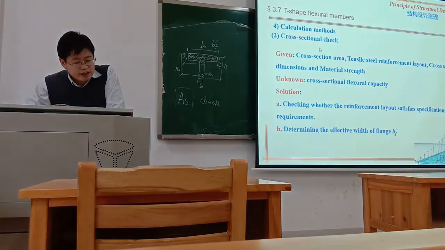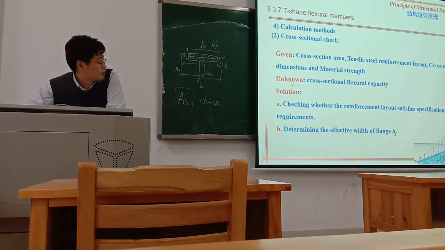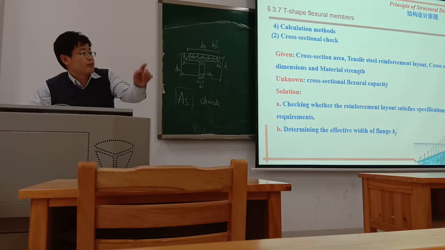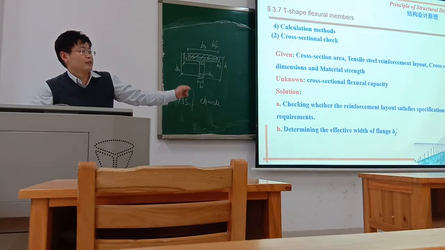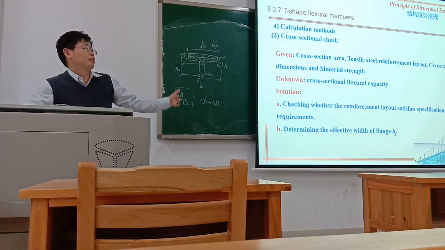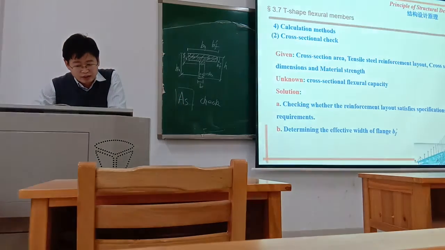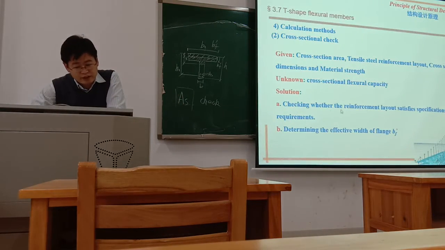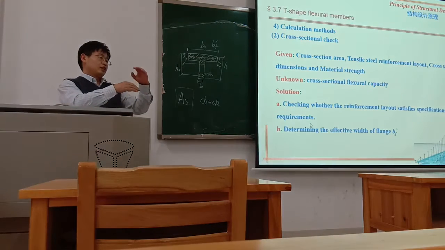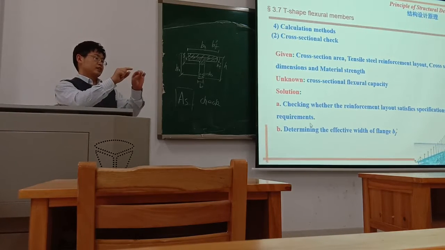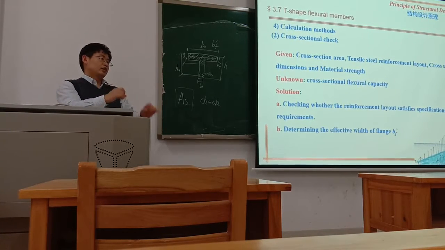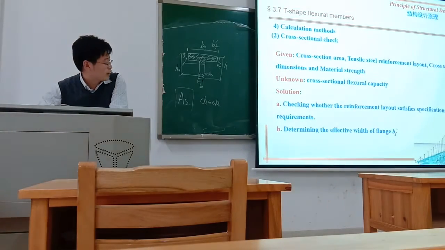Normally the purpose of the section check is to calculate the bearing capacity, or in other words, calculate Mu and compare with γ Md to see if it's strong enough to bear the load. First step, we need to check whether the reinforcement layout satisfies the specification: the cover thickness, the space between the reinforcement, all these construction requirements.